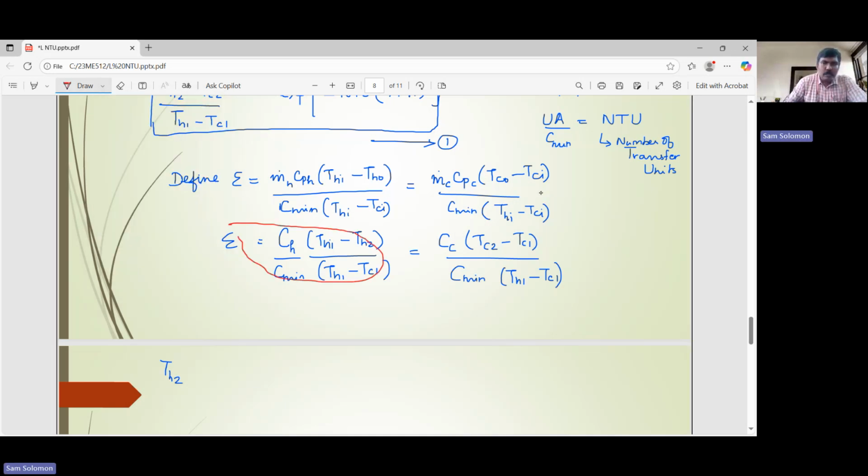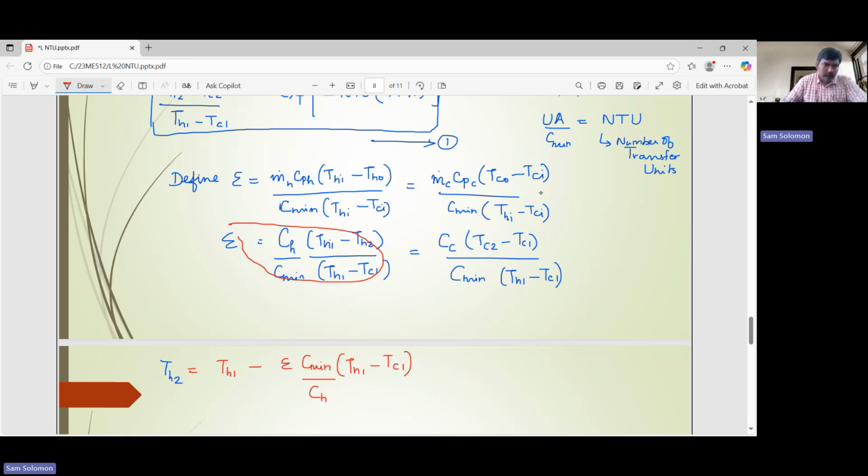So TH2 is going to be equal to TH1 minus epsilon times C minimum times (TH1 minus TC1) divided by CH. So you're cross multiplying the C minimum times (TH1 minus TC1) with epsilon. So that makes it epsilon C minimum times (TH1 minus TC1) divided by CH. And this TH2 is negative. So to make it positive, this becomes negative and TH1 is positive again.